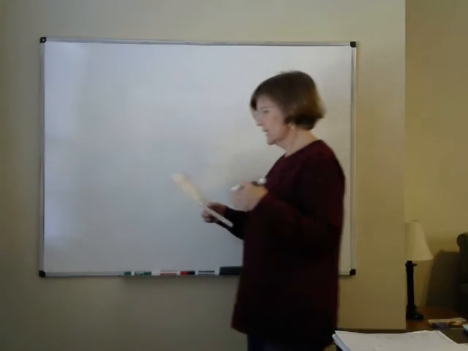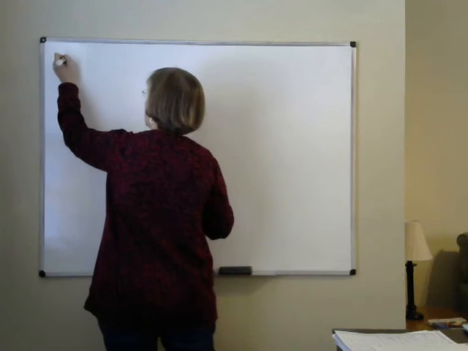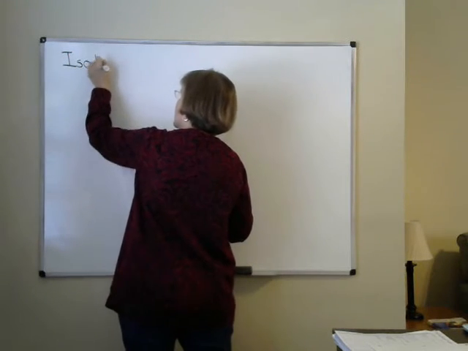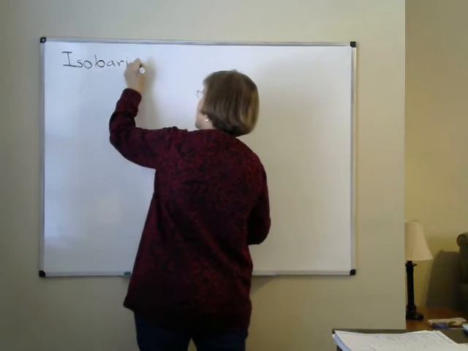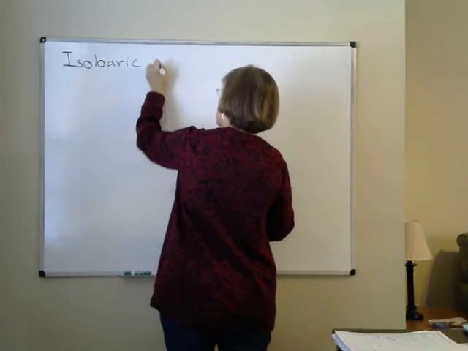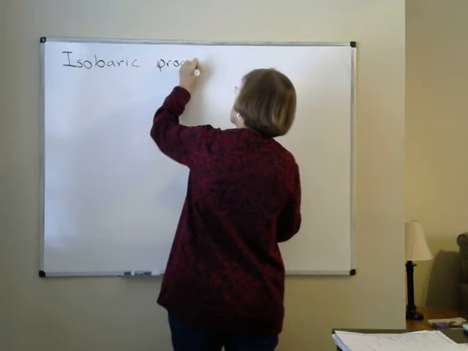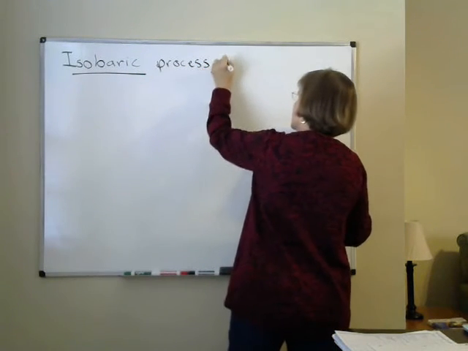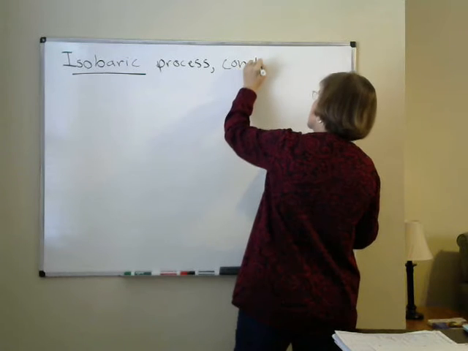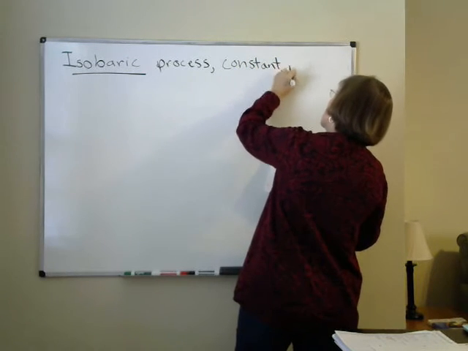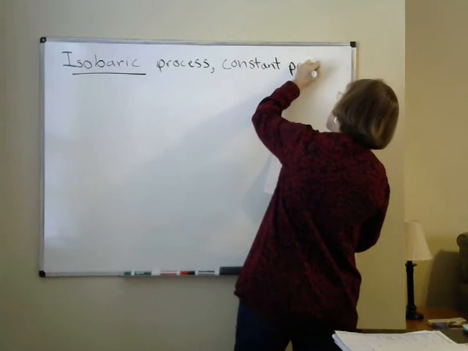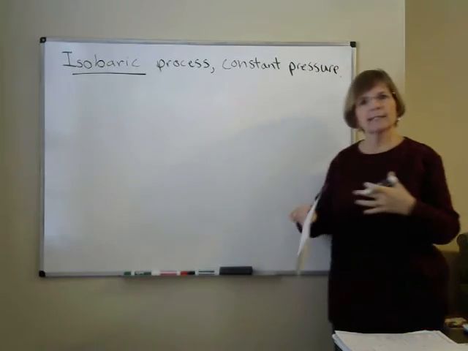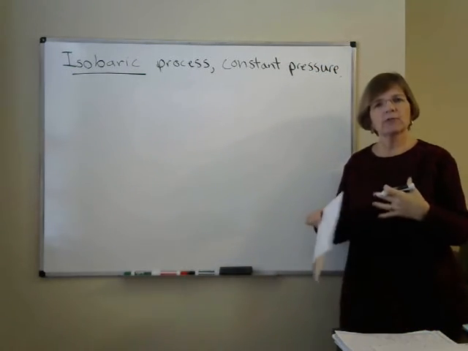So we're going to look at an isobaric process. Anytime you see iso, you know nothing's changing. An isobaric process is a fancy word that means constant pressure. Now, we didn't do all the work about ideal gases, but you've all had high school chemistry.